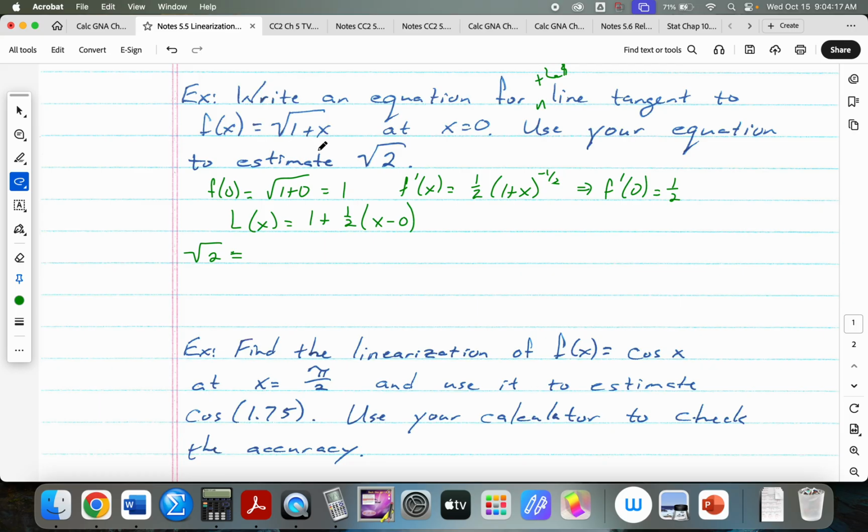It needs to be 1, right? That's equal to f at 1, which is approximately equal to L of 1, which is 1 plus 1/2 times 1, which is 1.5.